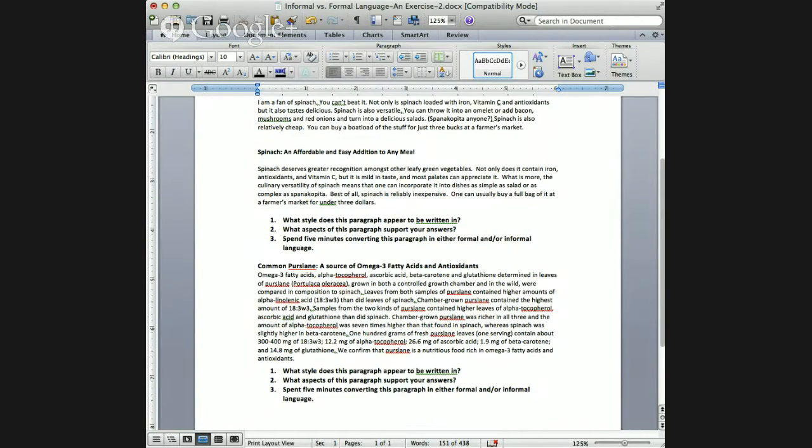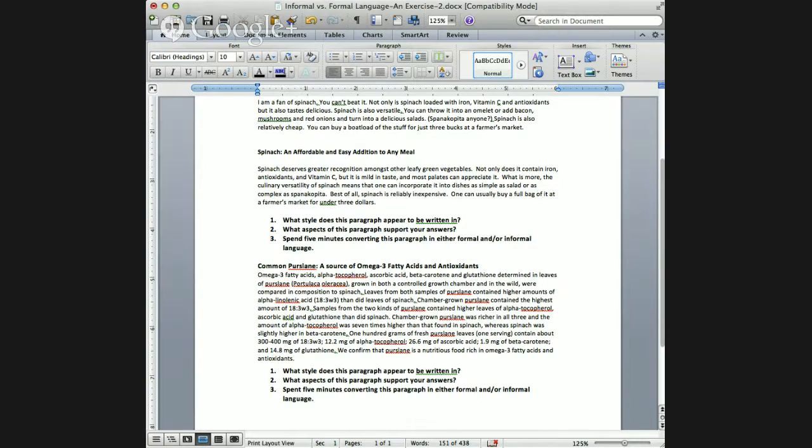I elected to cut the bit about the omelet and the specifics of bacon, mushrooms, and red onions. Maybe that was a silly omission. I would love to hear different versions that found a way to work that in. But for me, it didn't seem as important to getting at the crux of my argument, which is about spinach and not about those other things.